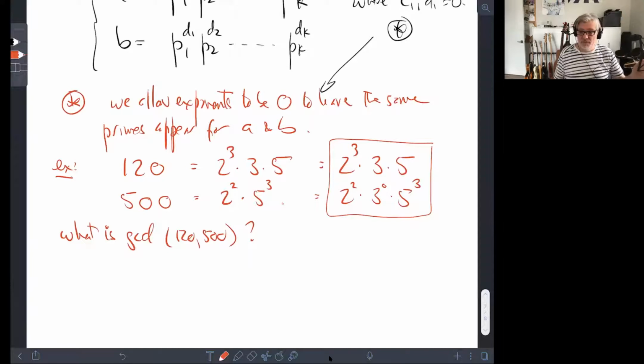Now, if it's going to be a divisor, for 2, the power is at most 2, because otherwise I'm not going to divide 500. For 3, it has to be at most 0, because otherwise I'm not going to divide 500. And for 5, it'll be at most 1, because otherwise I'm not going to divide 120. Right?